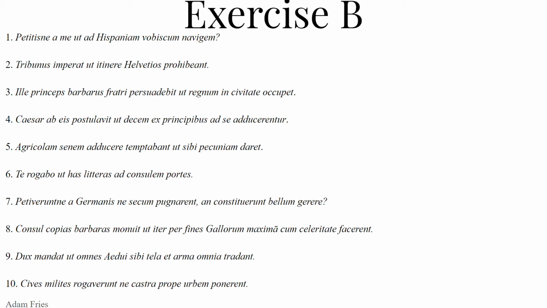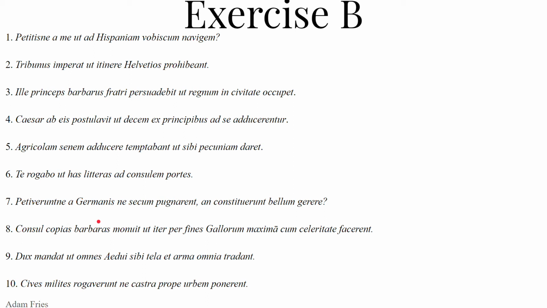Optime, octava, sententia octava. Consul copias barbaras monuit, ut iter per fines Gallorum maxima cum claritate facerent. So consul, the nominative singular masculine subject, consul's going to be doing something to the copias barbaras in the accusative direct object. Accusative of copiae, feminine plural, forces, troops.